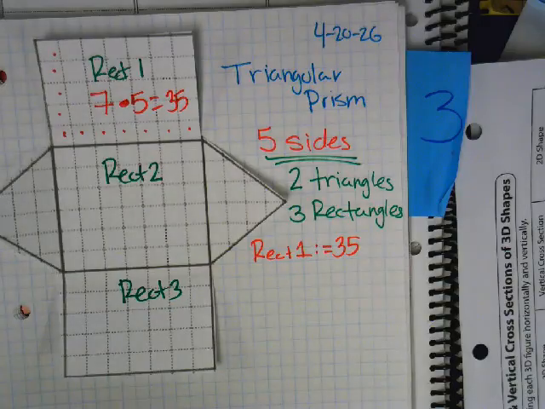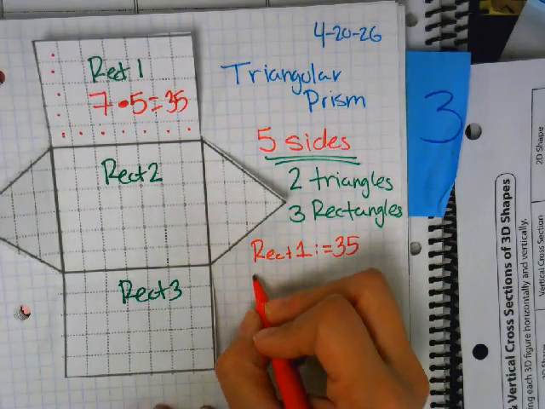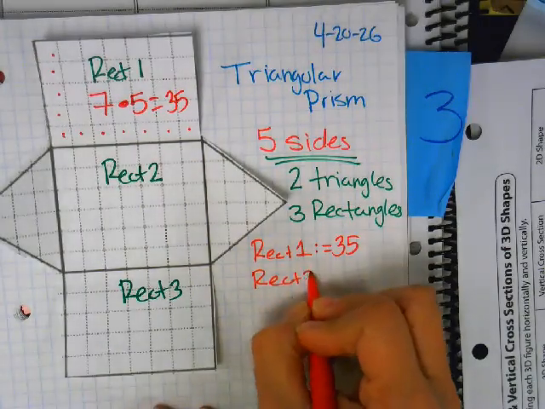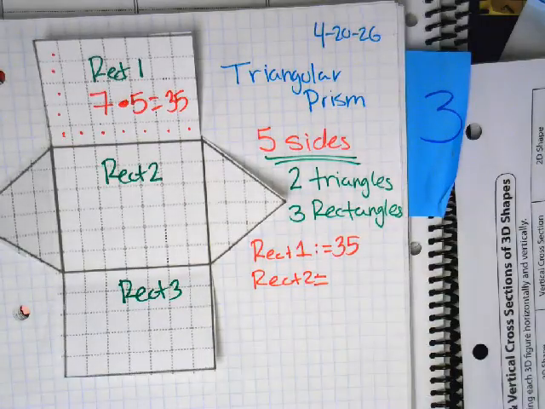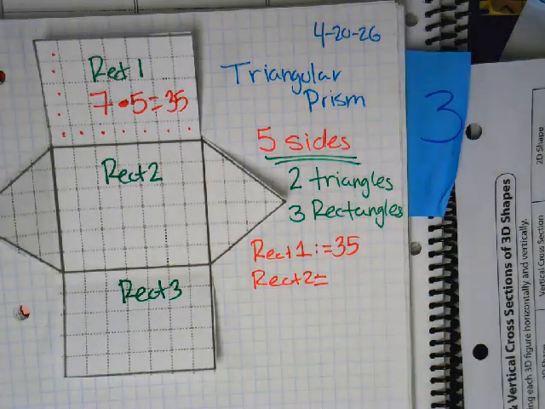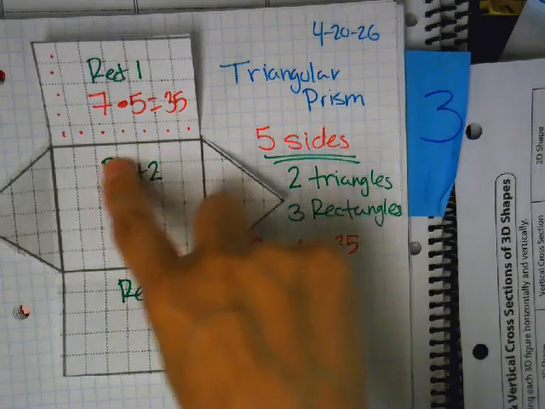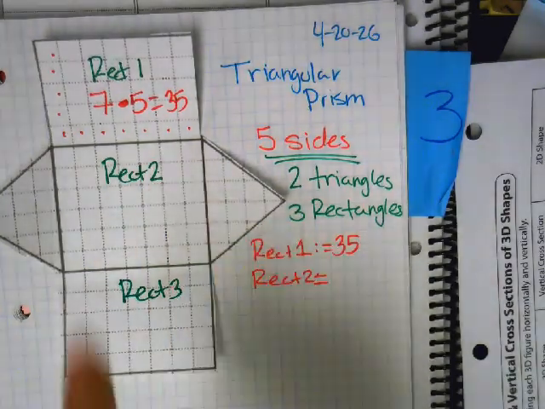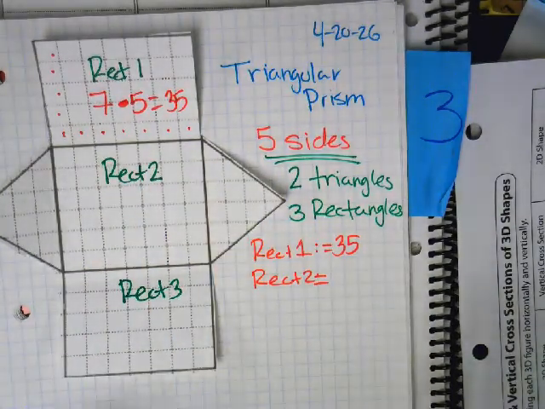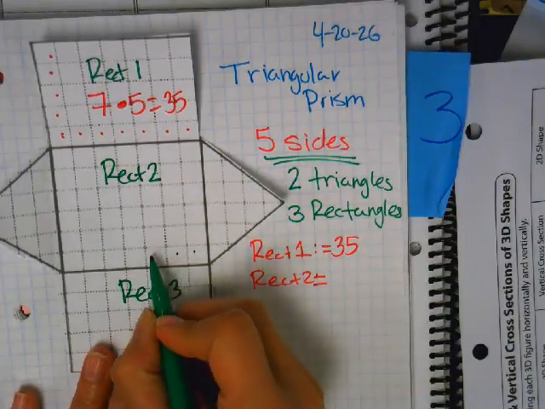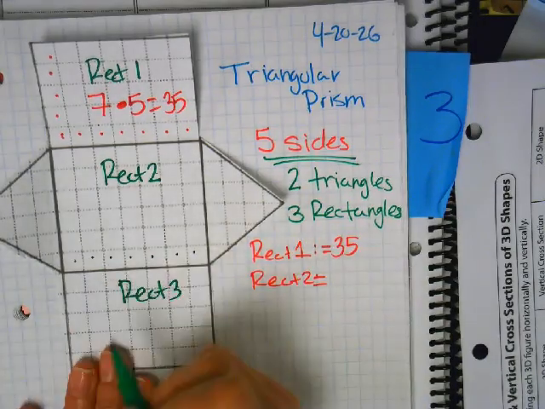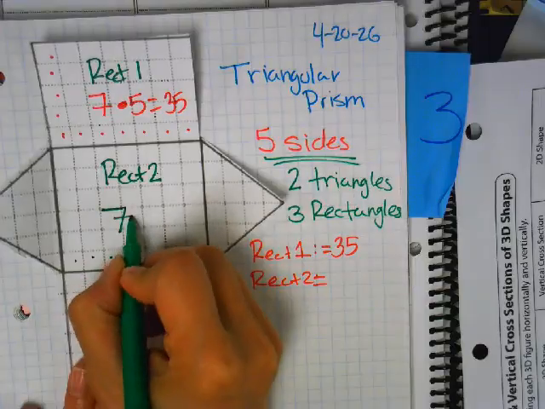Are we okay with that? Okay. No. So this is the tricky part. They're not all the same. Some of them are. This one's a bigger rectangle. Do you see it or not? Now let's count it: 1, 2, 3, 4, 5, 6, 7. So it's 7, that's the same, right?